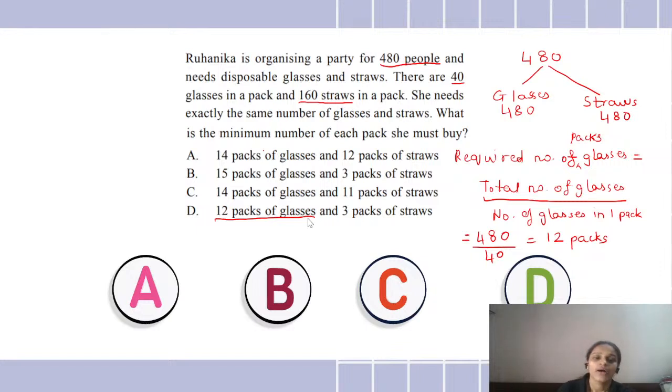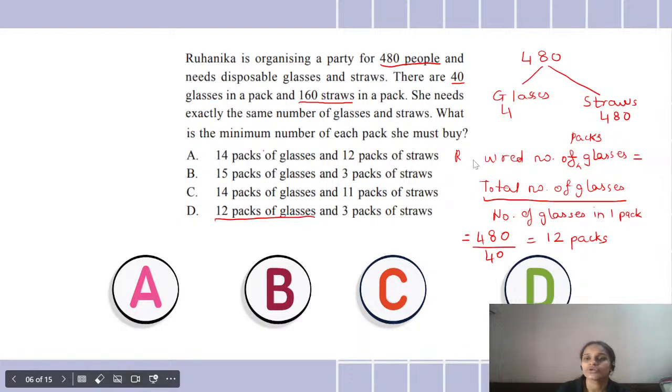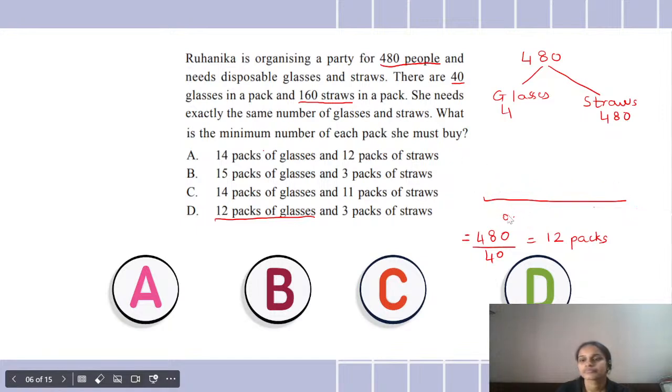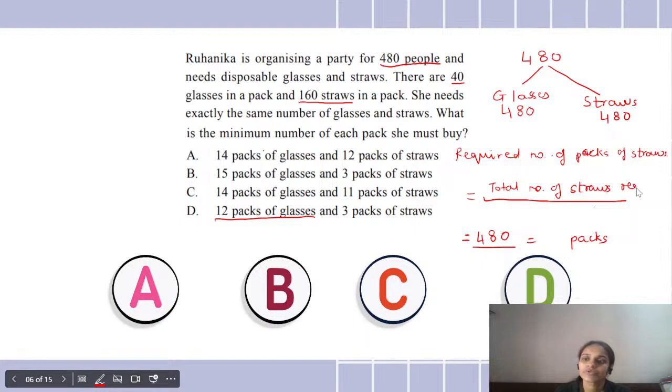Okay. Now in the same way, coming to find out the number of packets of straws. तो हमें straws भी 480 चाहिए, right? तो required number of packs of straws equals total number of straws required divided by number of straws in one pack.